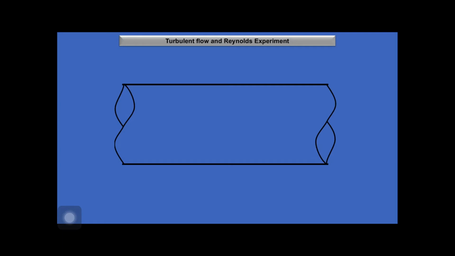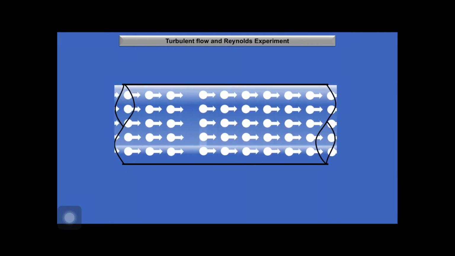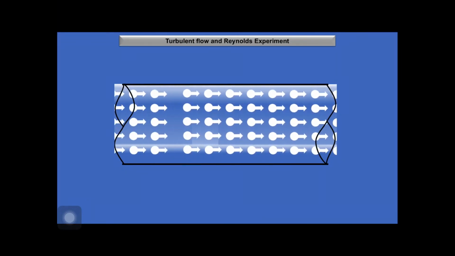In this you can see the laminar flow from left to right. Each particle is moving in a straight parallel path, and it's not crossing from one layer to another.